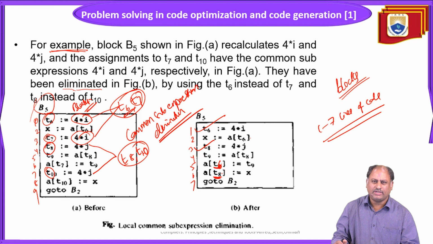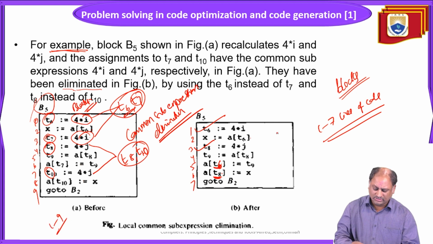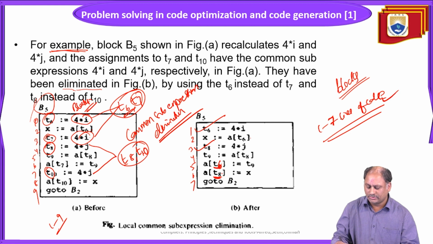Instead of repeatedly executing the statements, say here 4 star I and 4 star J, which are executed several times to carry out the same task, out of 9 or 10 lines we reduce it into 7 lines of code.